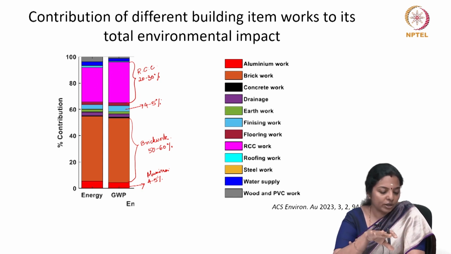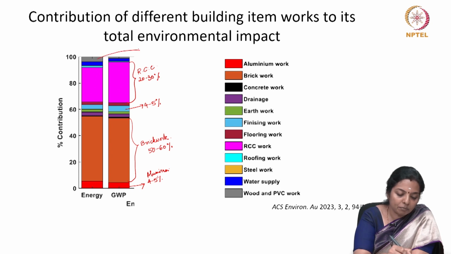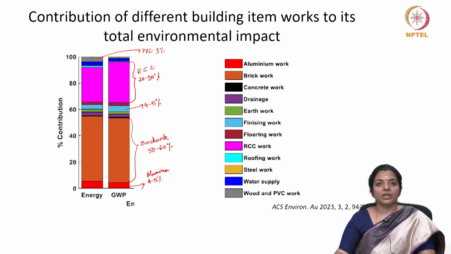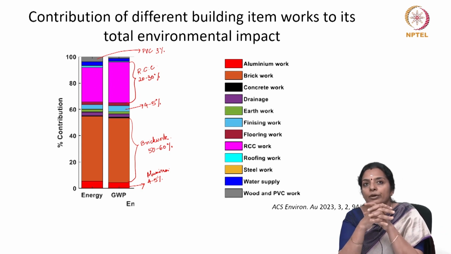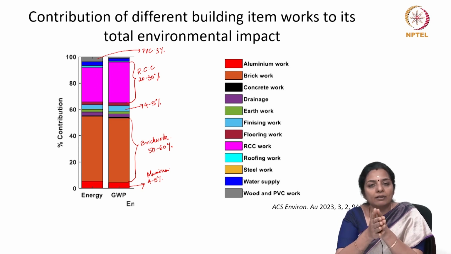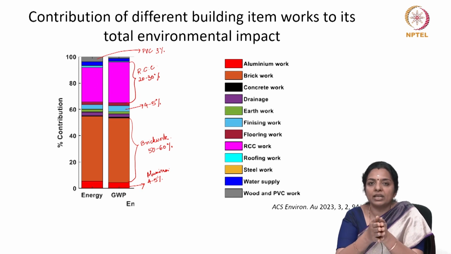Here you can also see that the PVC and woodwork contribute about 3% of embodied energy and not for any other category, and hence it becomes very important for us to focus on which item of work in a building contributes more to embodied energy and global warming potential in combination to that building material.